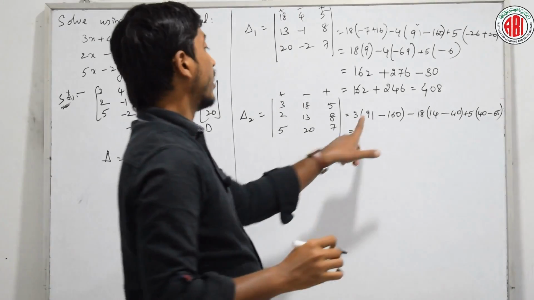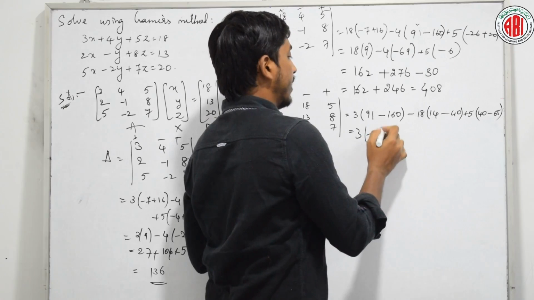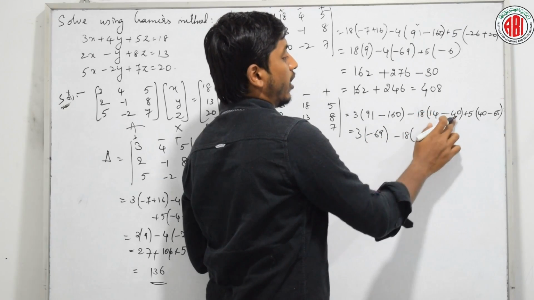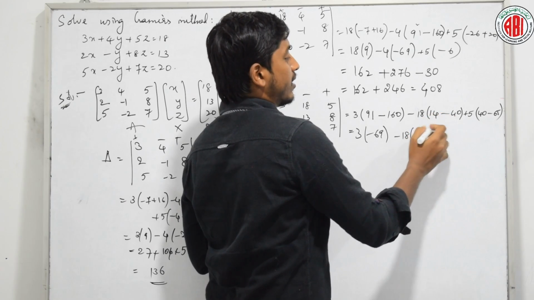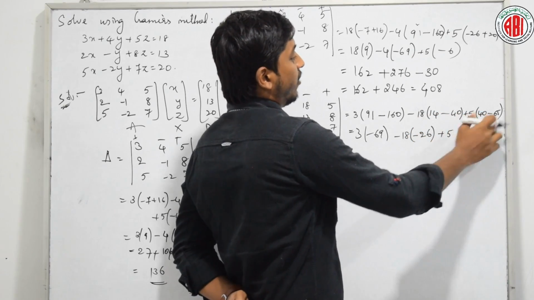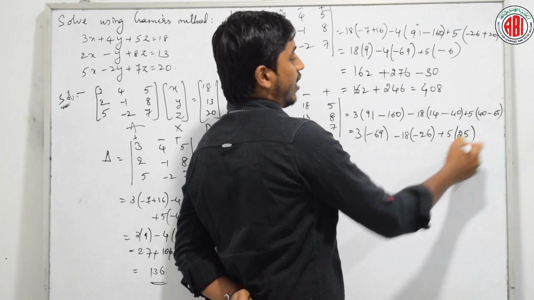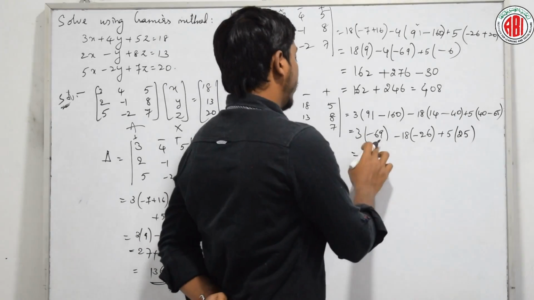Is it fine? Now tell me, 91 minus 160 is again minus 69. 18 into 14 minus 40 is minus 26. How much is it? Plus 5 into 40 minus 65 will be obviously minus 25. Is it right? Fine. What about 3 into minus 69?